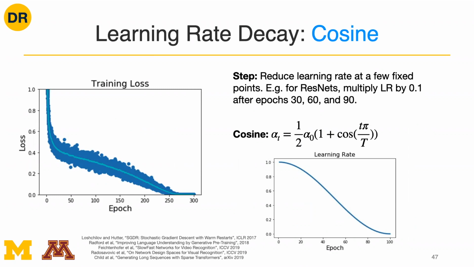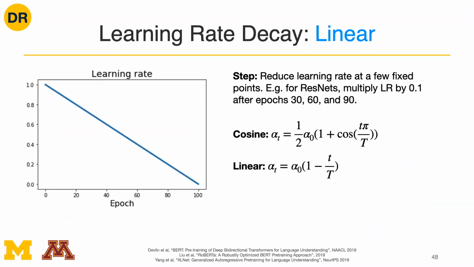Here you have an initial learning rate, which is alpha 0, but then you update it with the cosine function. So you'll see a trend in getting the training loss smoother than what you saw earlier. And another simple way to do this is linearly. For every new training iteration, you're going to reduce the value of the learning rate in a linear fashion.